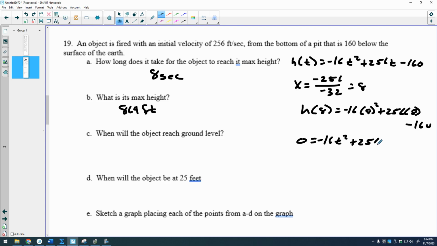You can pick quadratic formula or complete the square, and by now you know what I'm picking. I'm picking quadratic formula, and I get time equals 0.65, and time equals 15.35.